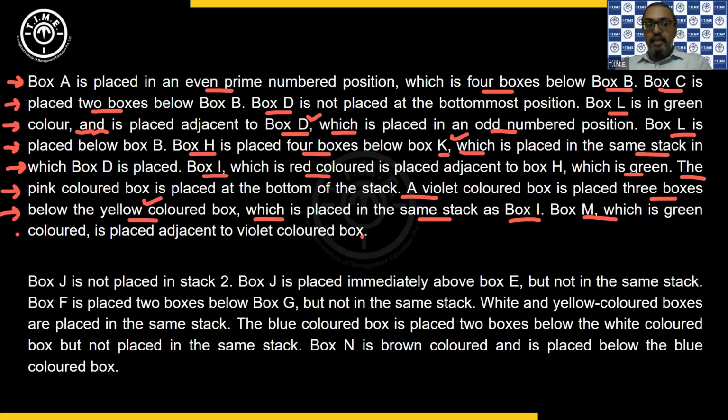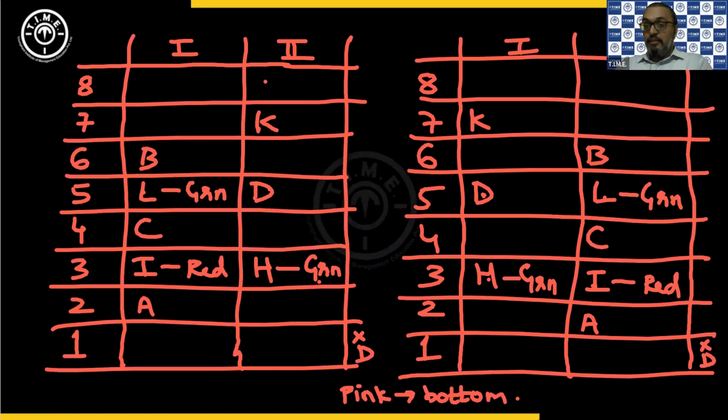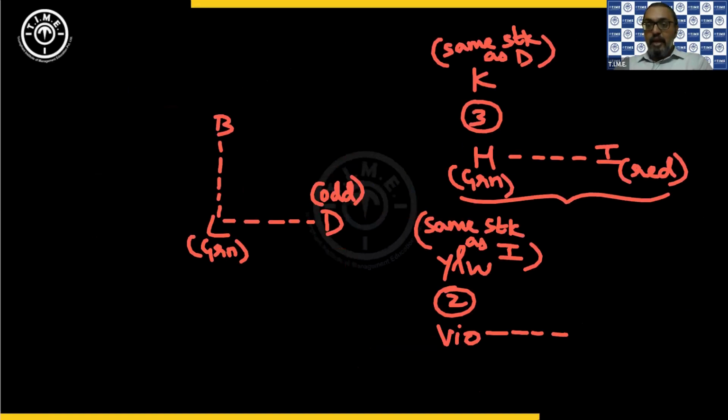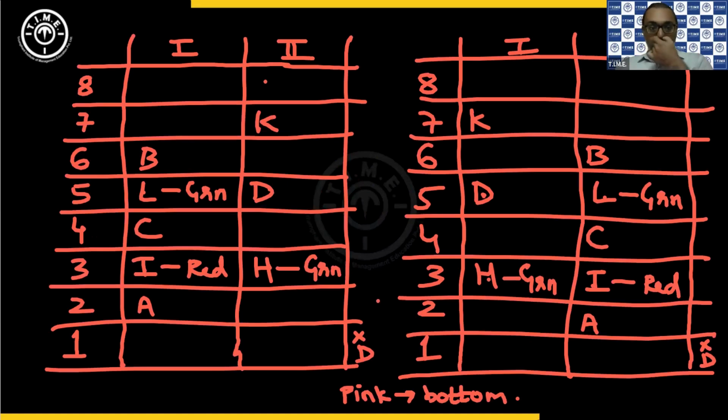Further, M, which is green color, is placed adjacent to violet. Okay, violet and M with green should be adjacent. Now I can say that you cannot have violet in the first position, because then along with violet, you will have green in the first position, but then pink at the bottom cannot be satisfied.